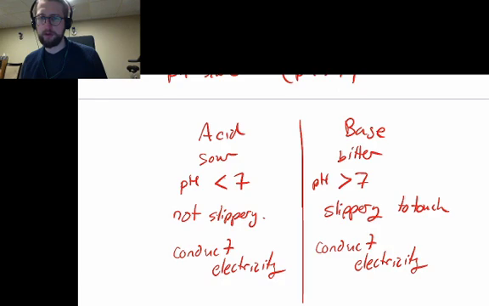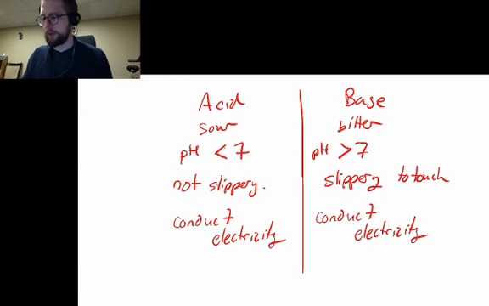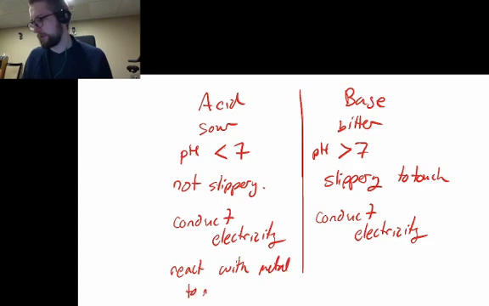I guess acids are the only ones that have a good reaction we can talk about. They react with metal to make H2 gas. So there we go. That's probably all the properties we really need.